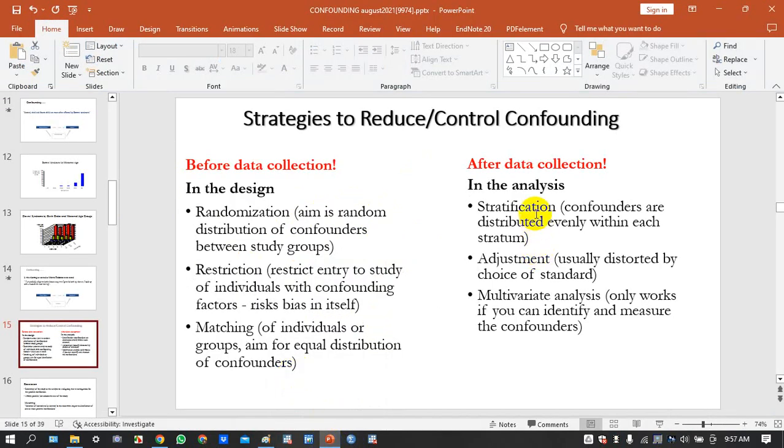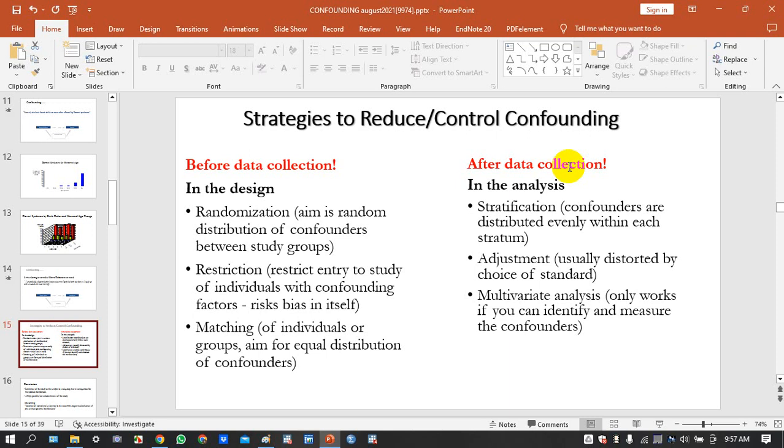Okay, so let's go to after data collection. If we have already introduced confounding into the sample collection, and we have run our test and we have our data already, how do we make sure that we remove confounding from our data so that it will not bias our results?